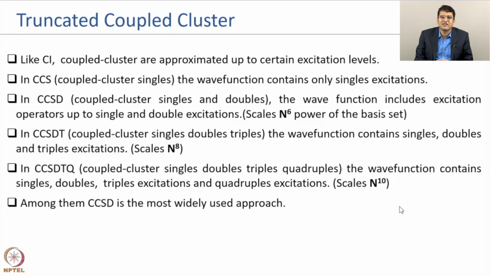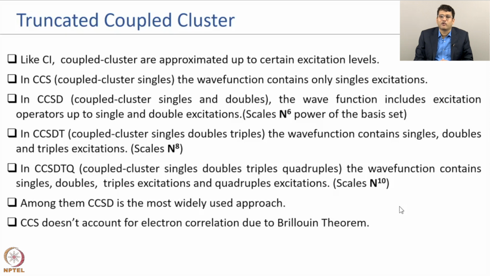So up to 10 atoms CCSD may still be possible. For CCSDT and CCSDTQ, it is very difficult to do beyond diatomic or triatomic molecules. Diatomic and triatomic molecules, because they have high symmetry, you can maybe do CCSDT. CCSDTQ, which is N to the power 10 scaling, not only has the computational scaling, it also has huge storage requirements to store the amplitudes. So it is practically impossible to do this beyond diatomic and triatomic molecules.